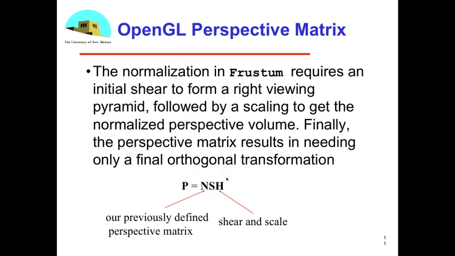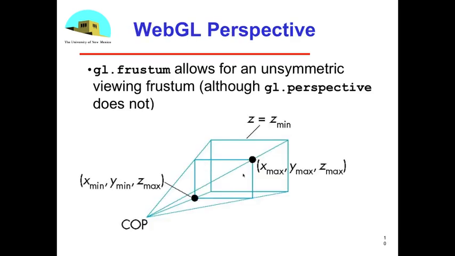Okay, so if we look at the matrices that you get, how do I now derive the more general case for frustum? And I could argue in the following way, that because it has this obliqueness to it, what you can do first is do a shear to get the obliqueness out. So that's the equivalent of what I did in the orthogonal case. So I do a shear to get this into a right pyramid.